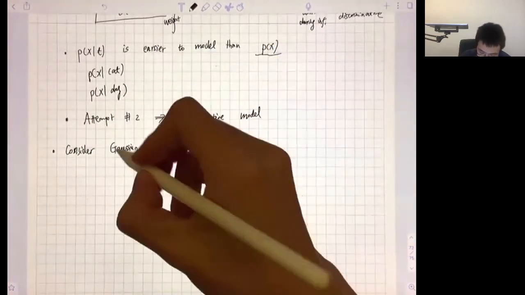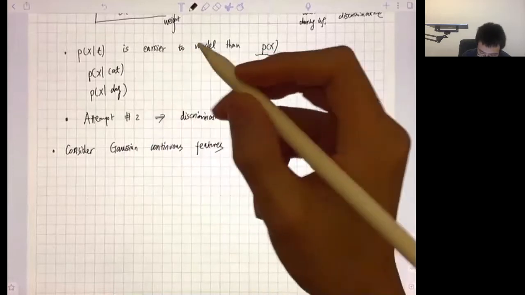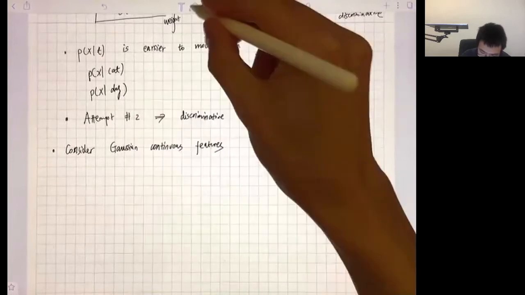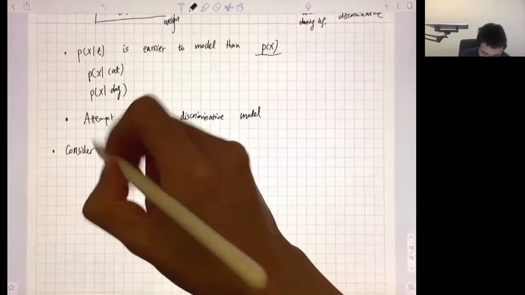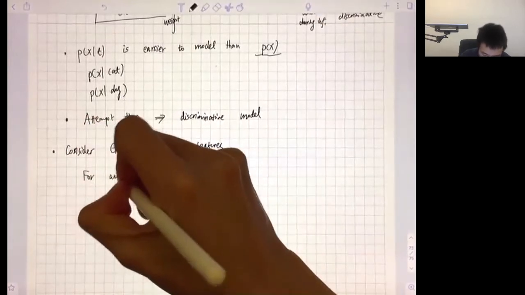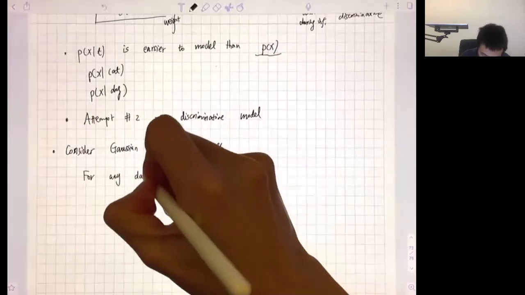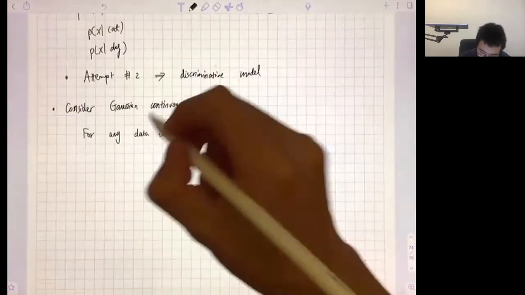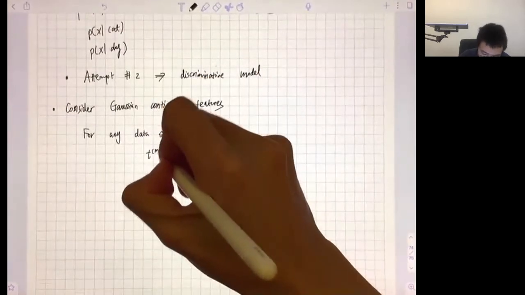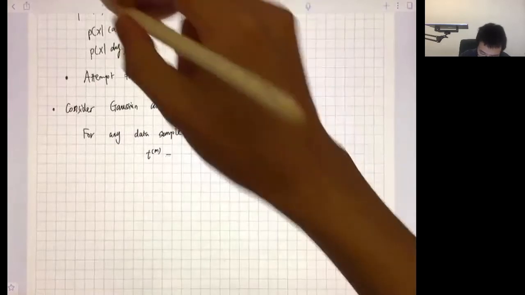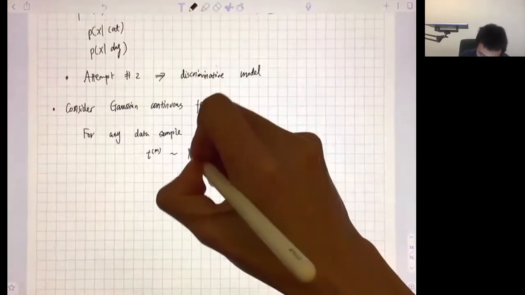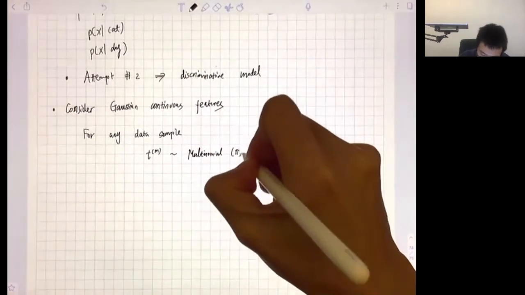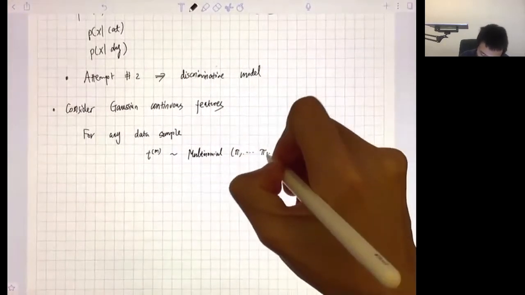So I would say, for any data sample m, I first generate t_m from a multinomial distribution pi1 up to pi k, okay?